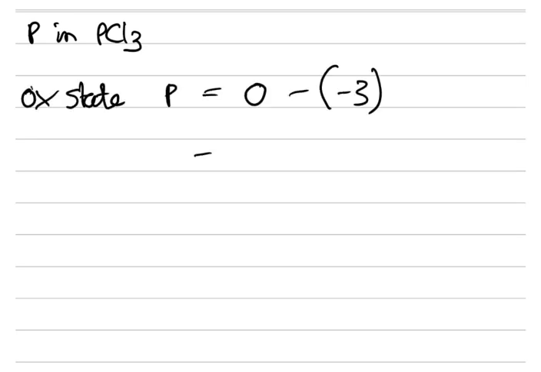So the oxidation state of phosphorus is 0 minus those -3. That means the oxidation state of phosphorus in this compound is +3. Different from what it was in PCl5, and don't be concerned about that. Phosphorus is one of the elements that we don't identify as having one very common oxidation state. It has a range of oxidation states.